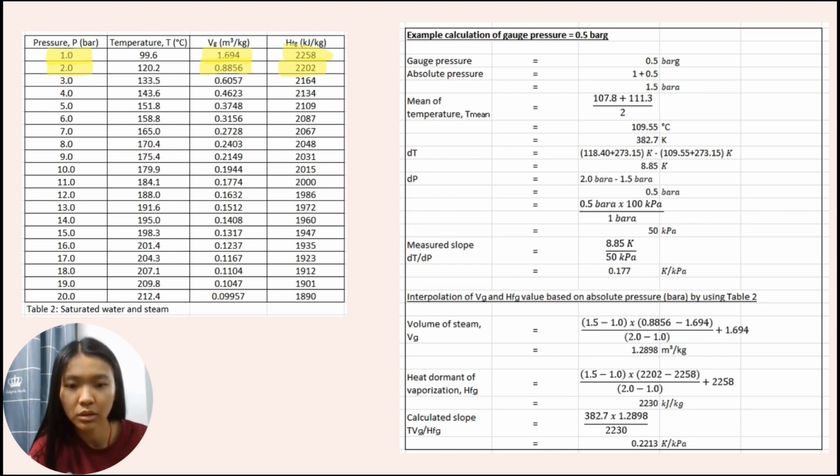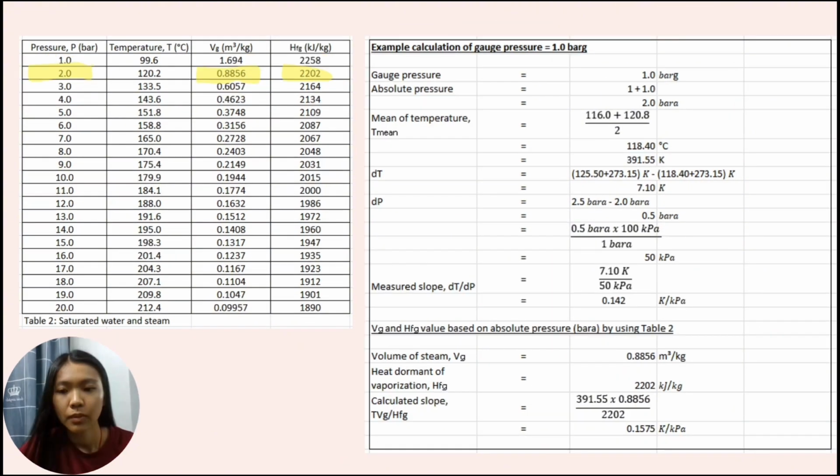The calculated slope equals the mean temperature times the volume of steam Vg divided by the heat of vaporization HFG, and we get 0.2213 Kelvin per kilopascal.